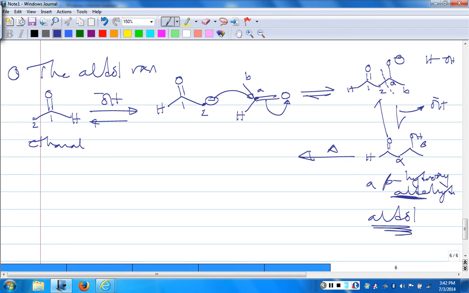Now, obviously, there are two ways I can dehydrate. I can lose an H from the alpha carbon, and that will generate the alpha-beta unsaturated carbonyl compound. I'll get that compound. Or I can lose an H from the gamma carbon, and what that will give me will be this compound.